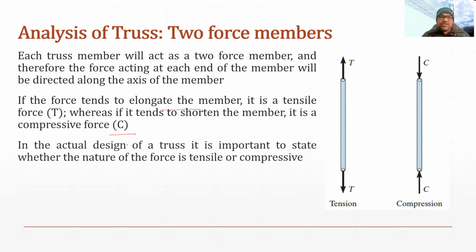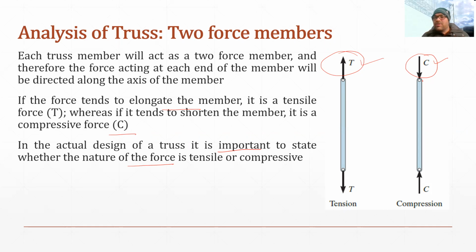In the actual design of a truss, it is very important to state whether the nature of the force is tensile or compressive. We need to state whether the force in the member is compressive or tensile, because the members which experience compression are generally thicker or heavier as compared to the tension members. Tension members are more efficient than compression members.